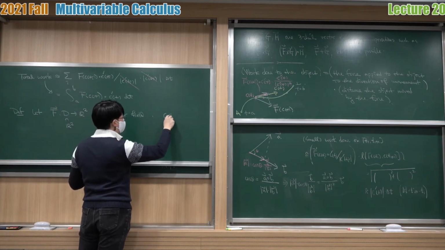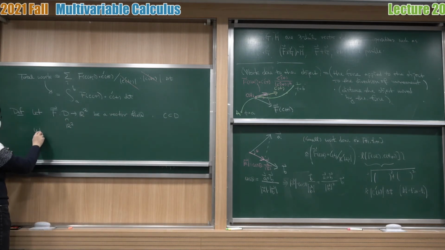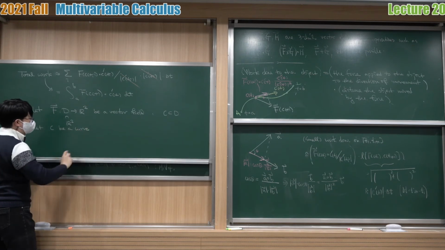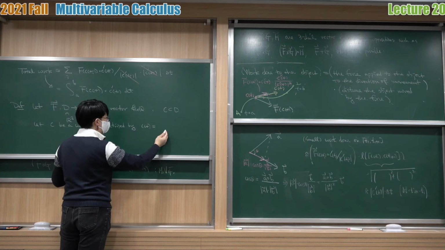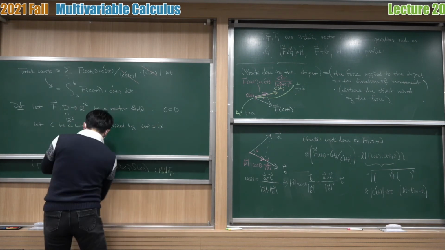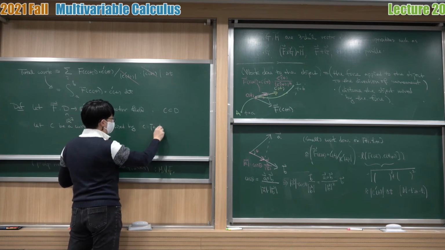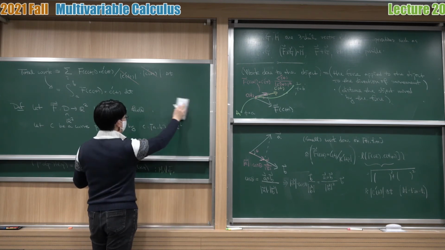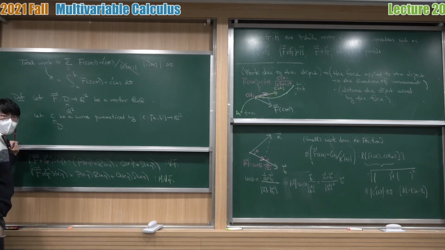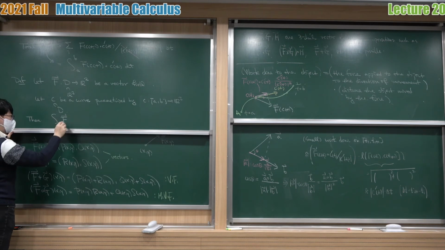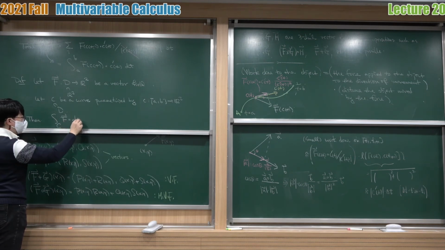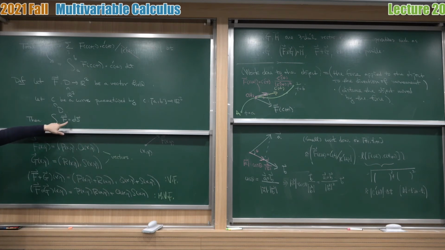I'm assuming that C is a curve parametrized by C(t), mapping [a,b] to R2, and C lies in D. Then the line integral of this vector field over C is defined with a similar symbol, but the difference is that instead of ds, we have ds with an arrow, and instead of just multiplication, we have a dot product with the vector field.